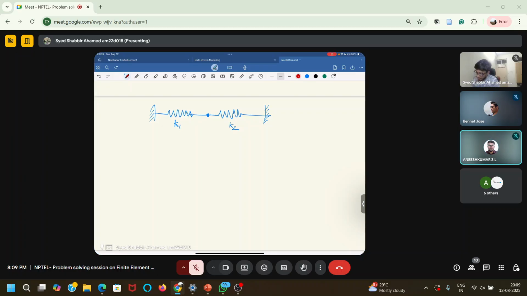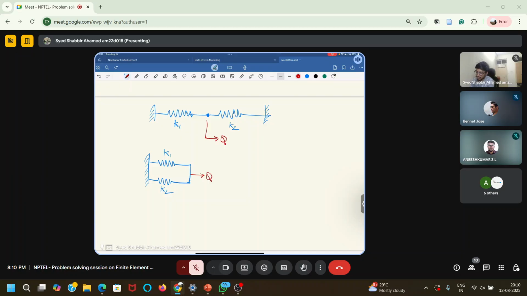Now let's say I apply some force Q at this point. Now let's say instead of this, I have this arrangement, where springs are connected in parallel. Now I'm applying this force Q.